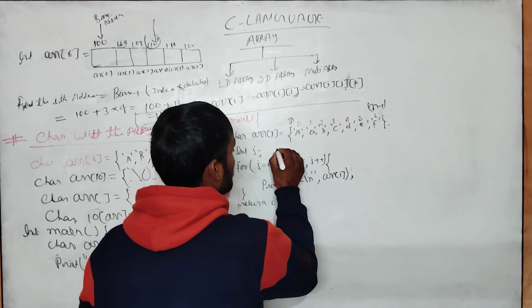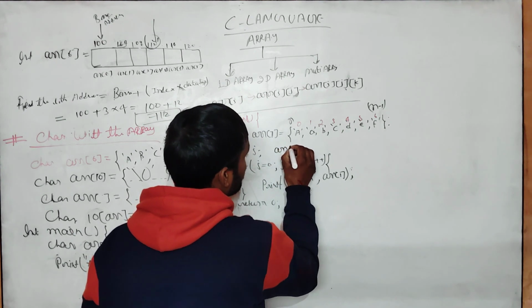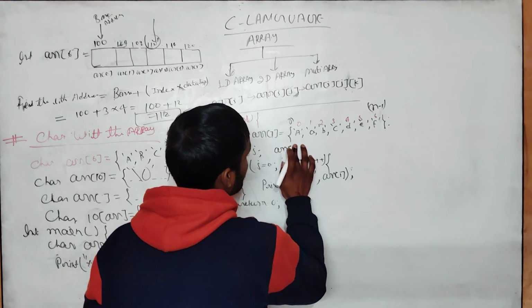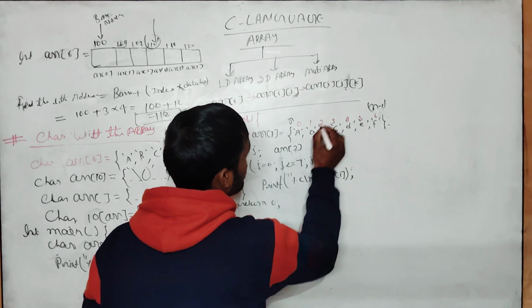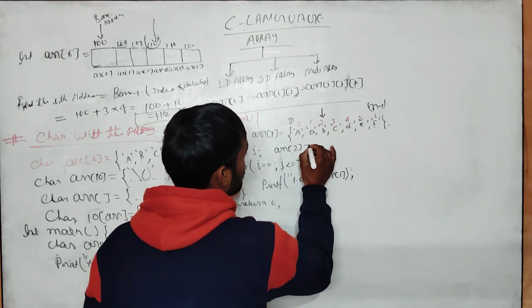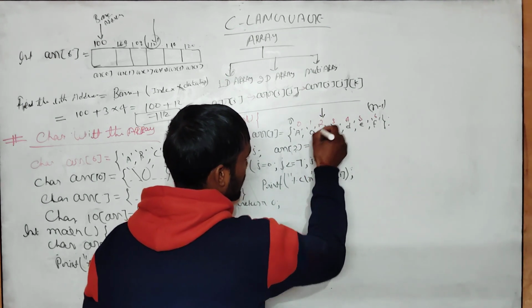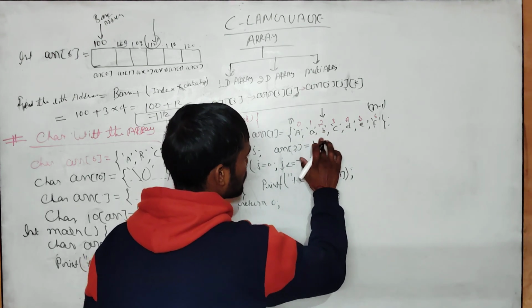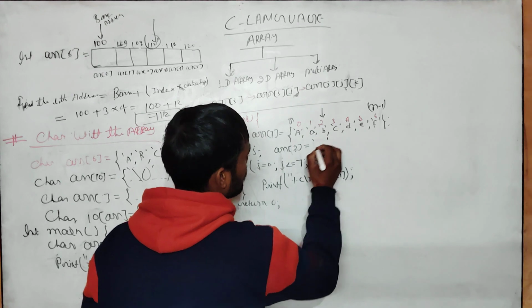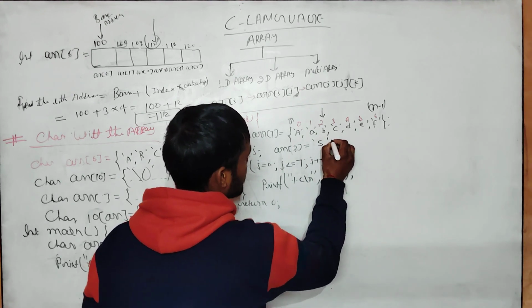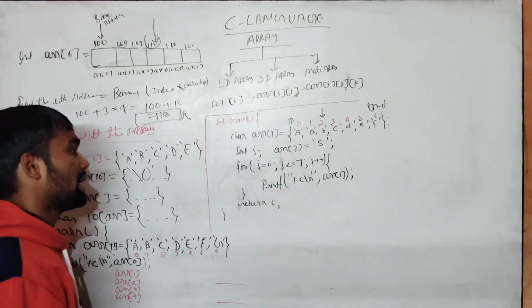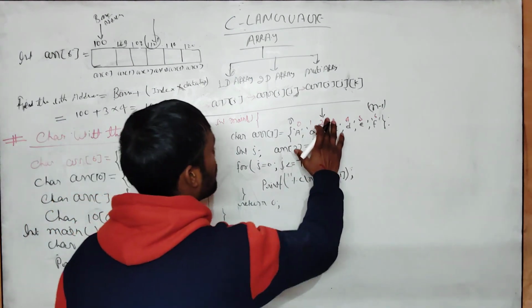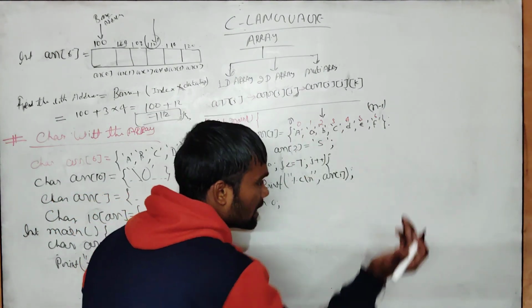I will write here ARR of 2, with a single inverted comma, and I replace it with the S. When you print the array, it will be automatically replaced with the S.